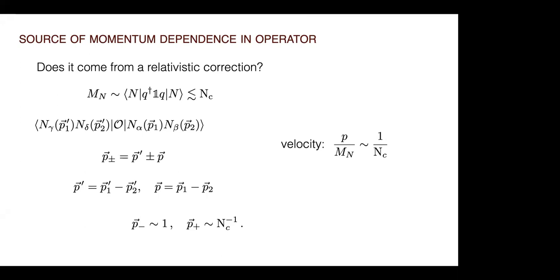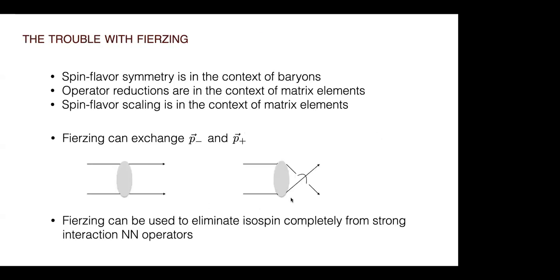And that means that at the lower order, you have fewer operators that you need to worry about. So here's the encoding of the so-called P minus linear combination, which scales as N_C to the 0, and then the one that comes through from this relativistic correction that picks up an inverse factor.